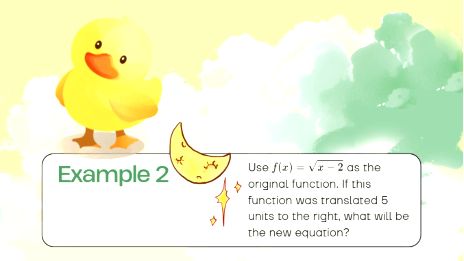Example number 2. Use f of x is equal to the square root of x minus 2 as the original function. So we're not starting with a parent function now, we're starting here. If this function was translated 5 units to the right, what will the new equation be? So we're writing a new equation. This is our original equation, and we're moving 5 units to the right. So we're going to add something onto the end over here that's a 5. If we're moving this way, it has to be opposite, so it has to be a negative 5.